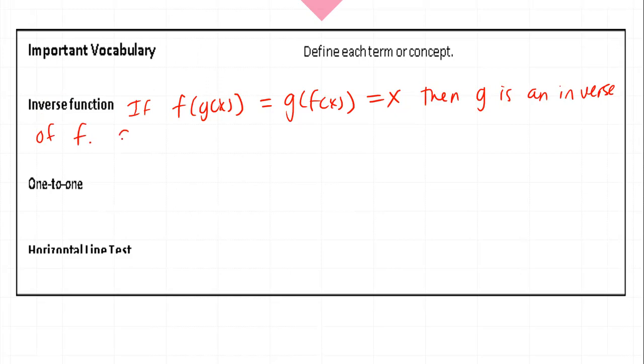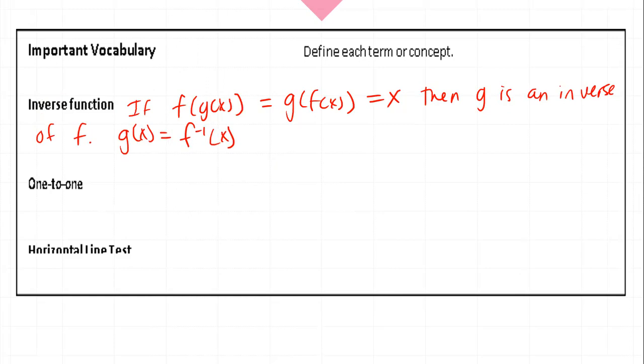Therefore, we would say g of x equals the inverse of f. Do you see why we study composition before inverses? Composition is what is used to define an inverse function.